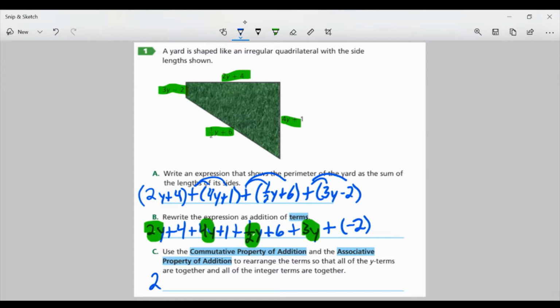I'm going to have 2y plus 4y plus 1/2 y plus 3y. Now the next terms: plus 4 plus 1 plus 6 and plus negative 2. Like I said, you could have it as minus 2 if you want.